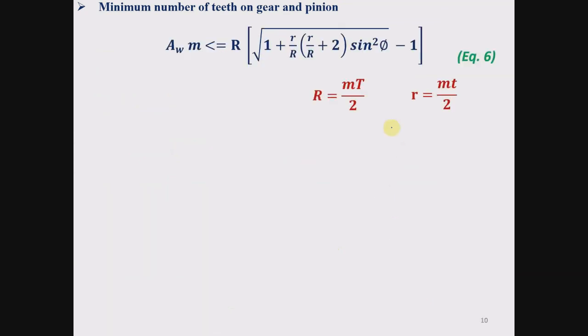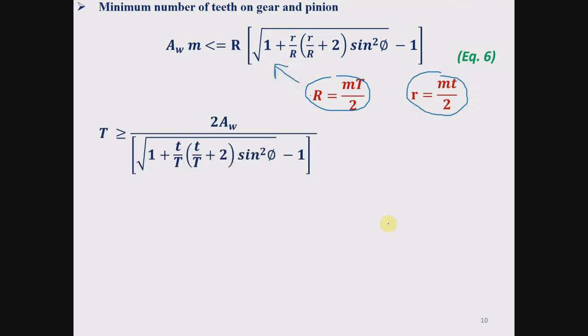So let us substitute the values of small r and capital R in the equation number 6. So you will directly write down this equation. By replacing small r and capital R by MT by 2, we get this equation.